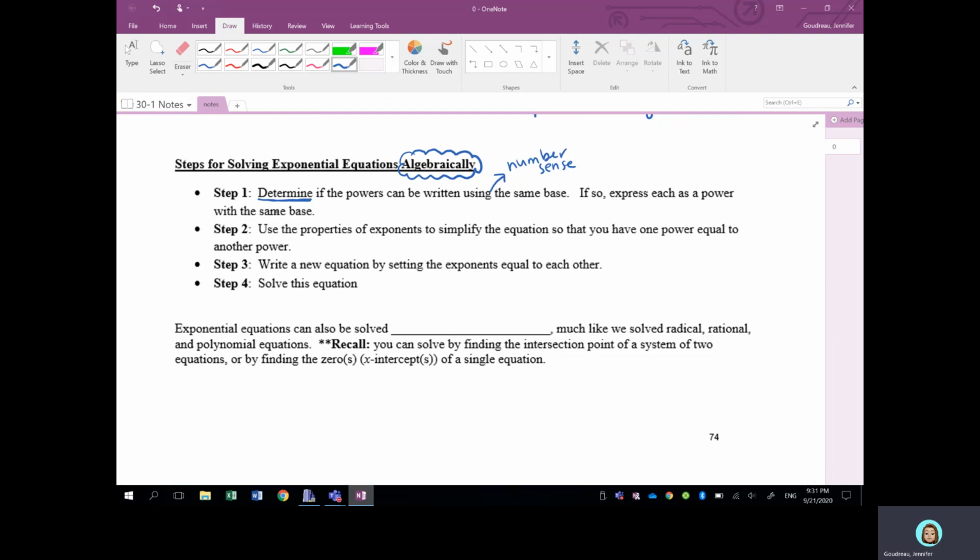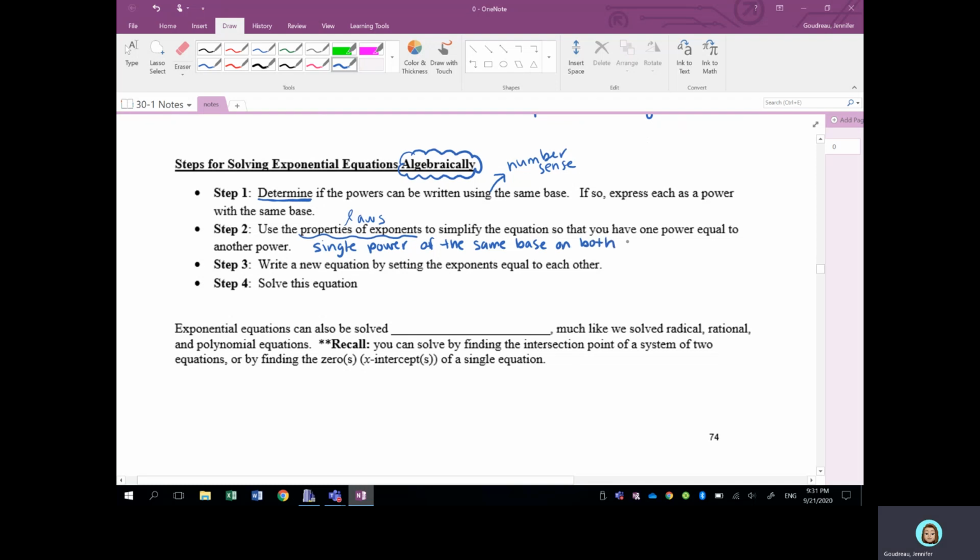In step 2, we are going to use the properties of exponents, those are our exponent laws, to simplify the equation so that you have one power equal to another power. What I always say that we are looking for is a single power of the same base on both sides of the equation.